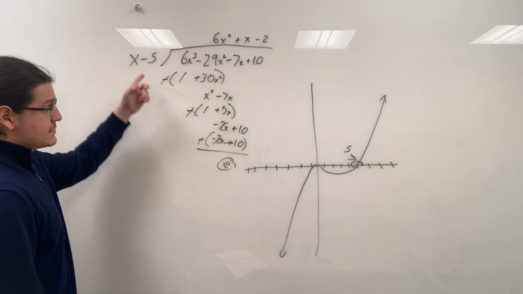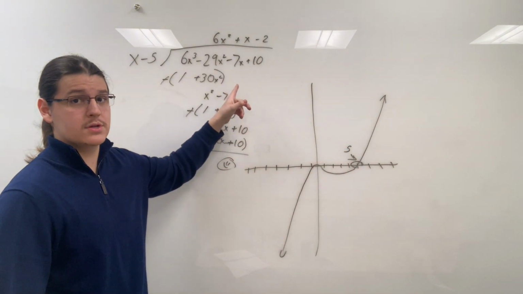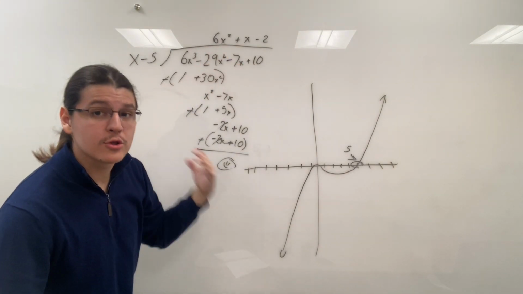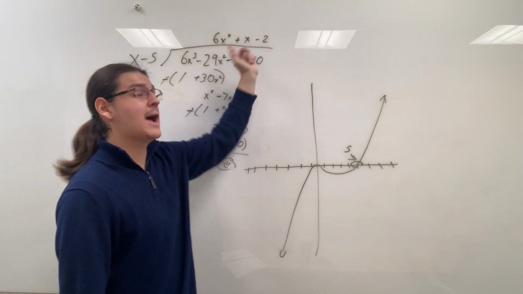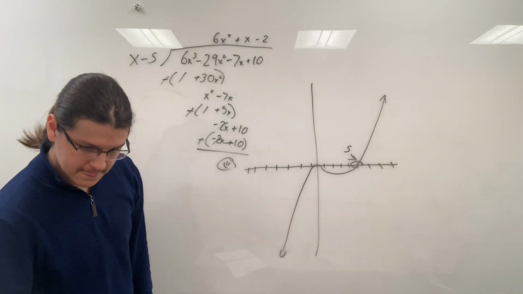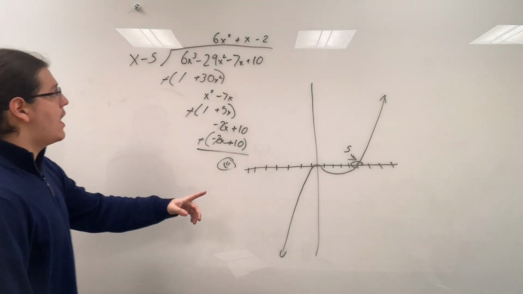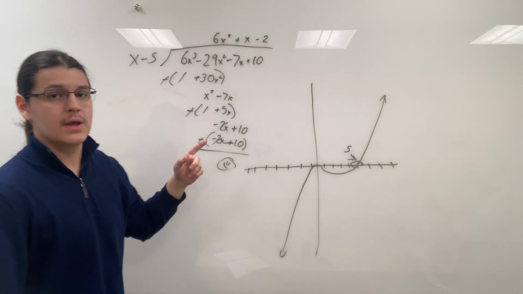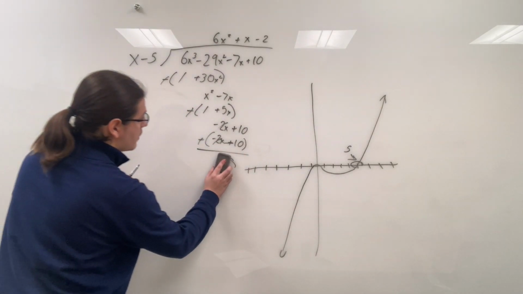So now we know x minus 5 is a factor of this cubic function, and the new term, the quadratic term, is 6x squared plus x minus 2. Now that we know our other term, I'm going to erase this work here.